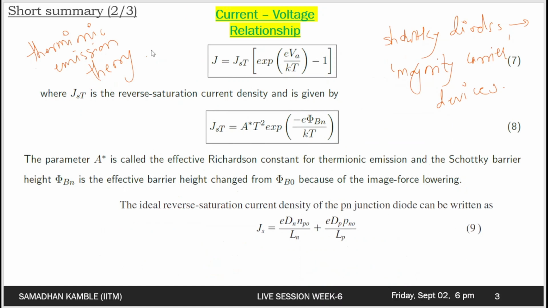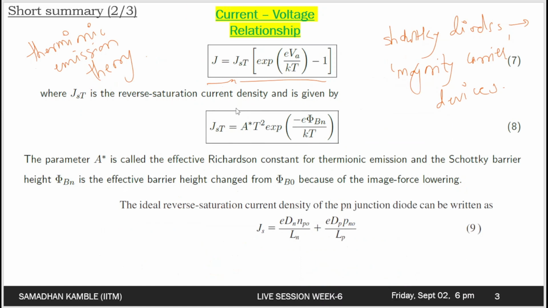Considering the thermionic emission theory, the net current density in the metal to semiconductor junction can be given by this particular relation. The total net current density is J equal to J_ST times exponential of eV_A by kT minus 1, where V_A is the applied voltage and J_ST is the reverse saturation current density.